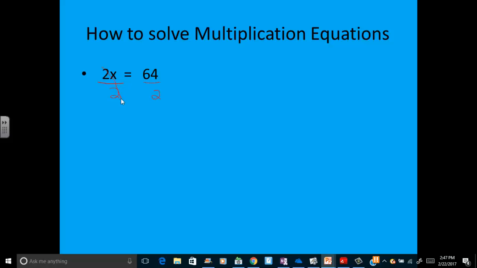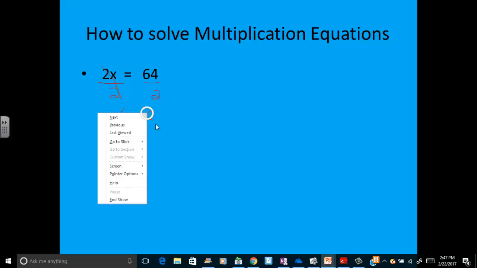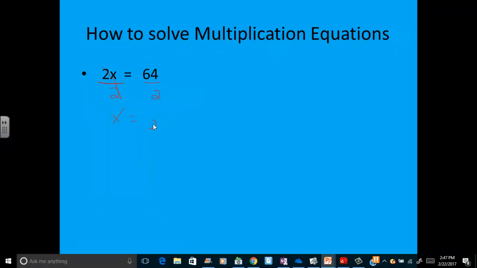So the 2's cancel out, and I'm left with x on this side. And 64 divided by 2 is 32. But let's check. Let's fill in the x with 32. 2 times 32 equals 64. Is that true? 2 times 32 is 64, so we check out.